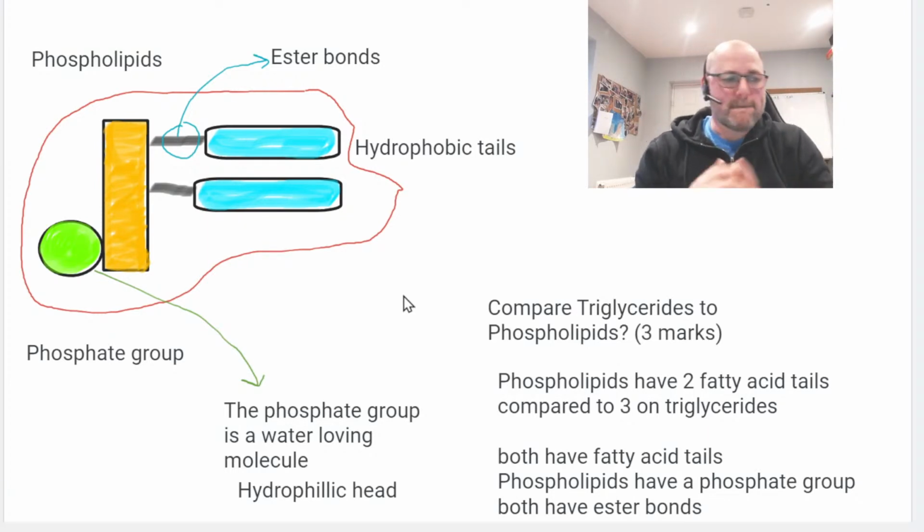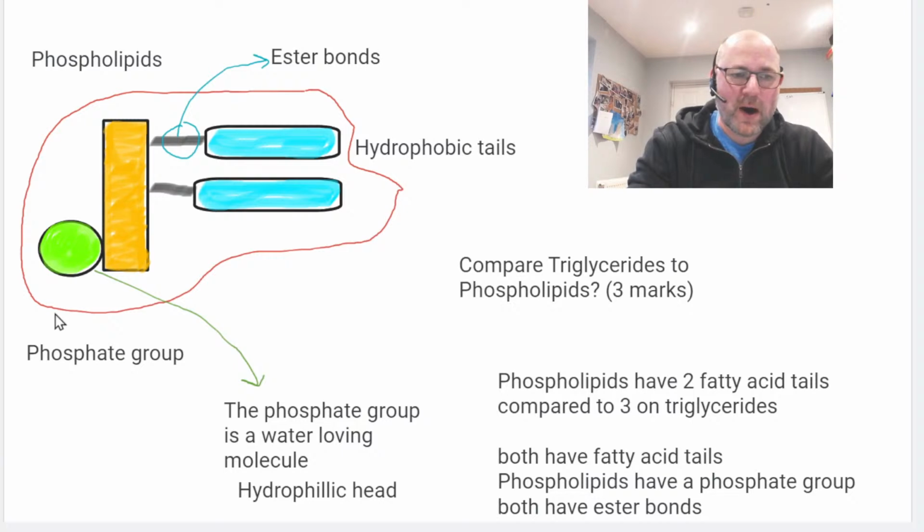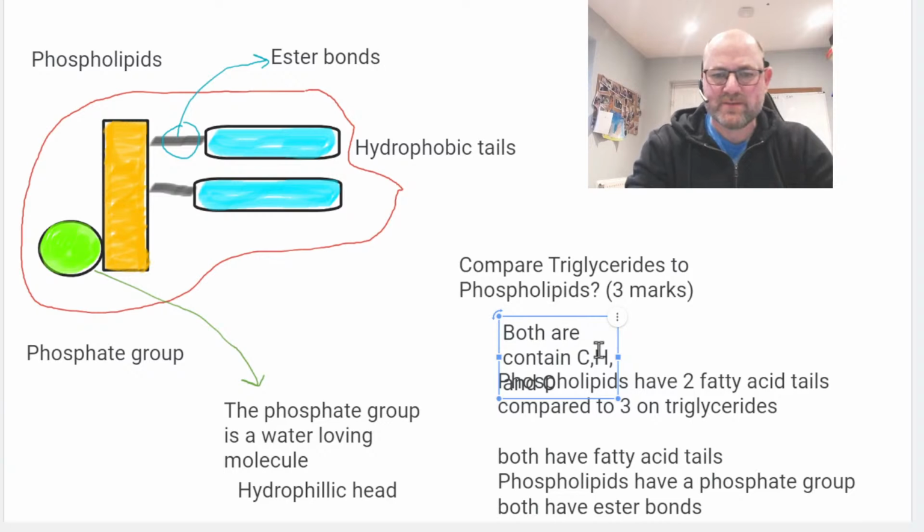Now, what else? Another thing, if I'm comparing them, there are lots of similarities. Both contain carbon, hydrogen, and oxygen.